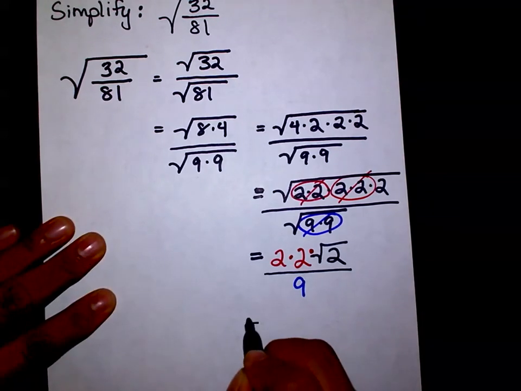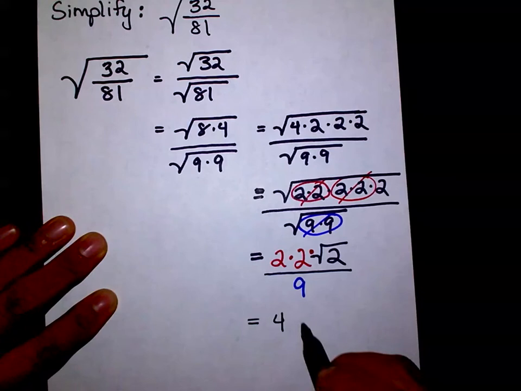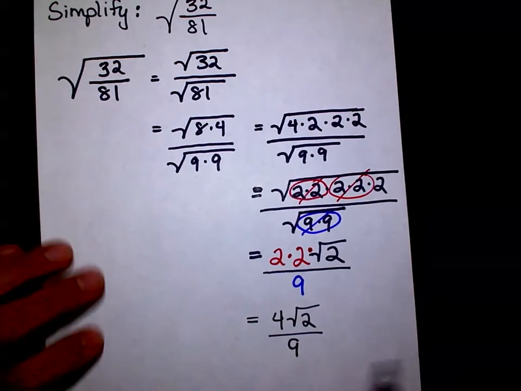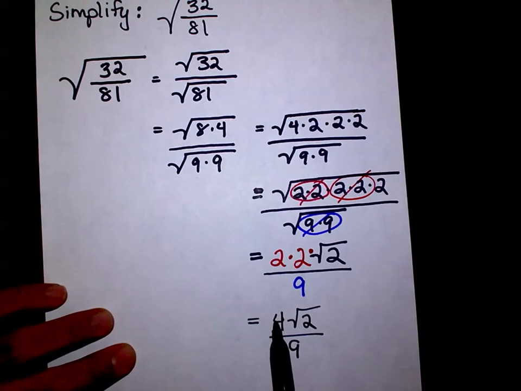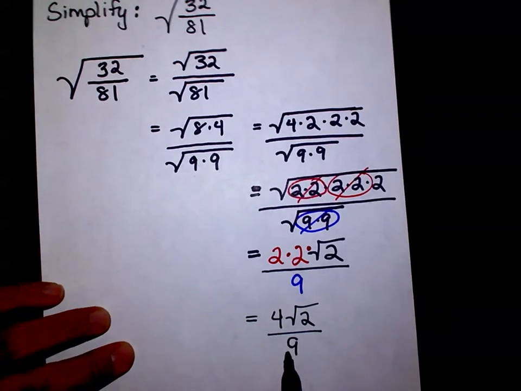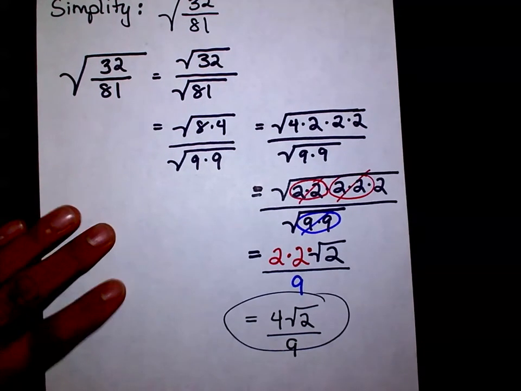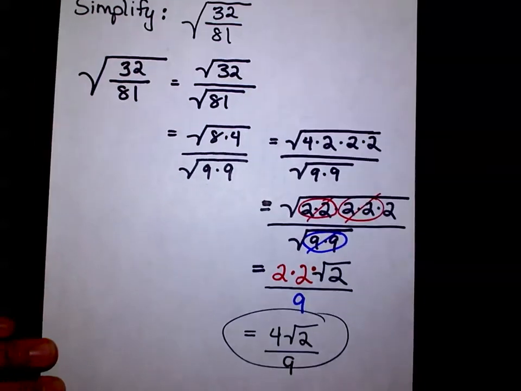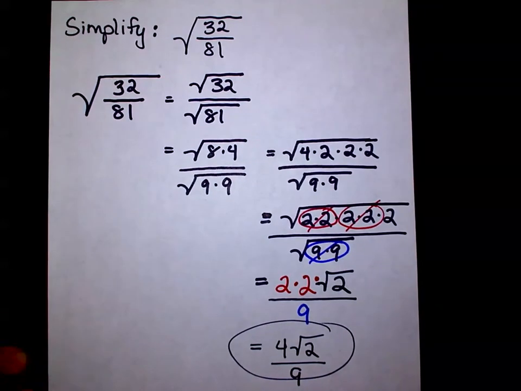So, come down. This is going to be 2 times 2 is 4. Square root 2 over 9. Now, in this case, I can't factor out any. 4 and 9 don't have any common factors, so I would just leave this as it is. That's my final answer. Okay. Alright. Okay. Let's go to the next problem.